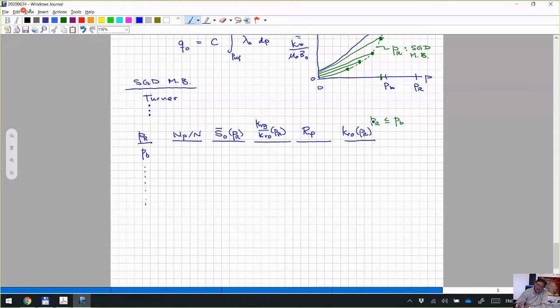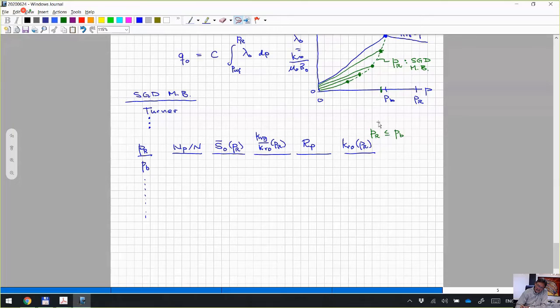Okay, and this is what you use to get these green dots here. So basically you calculate that first, and then you get KRO over mu BO at the average reservoir pressure from that. And those are the green dots here above.